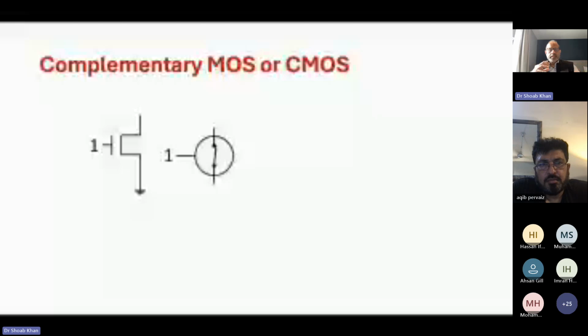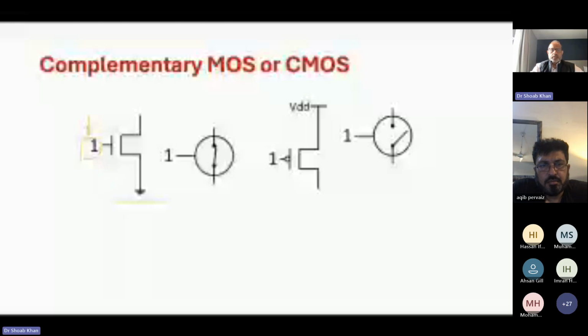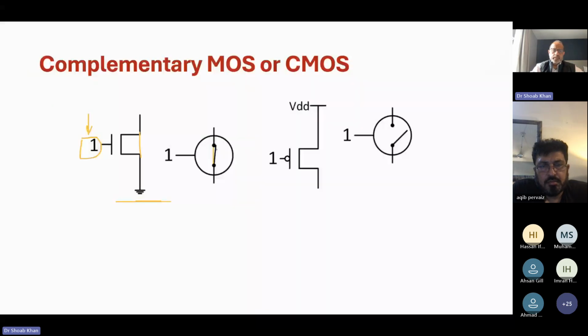So this is together. For example, this is an N-type NMOS. If the gate has a 1, this acts like a closed circuit. It is a ground. Once you have something short circuited, you have a 0 here. So 1 will be converted into a 0. On the other hand, if it is a p type, you have a 1 here.